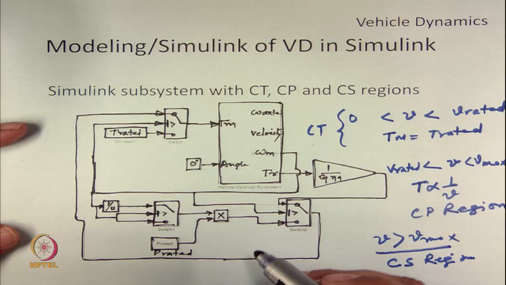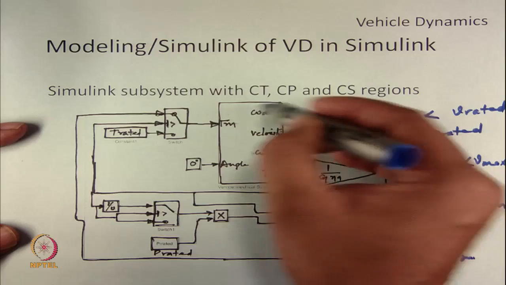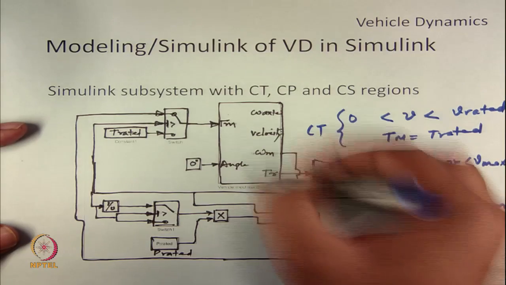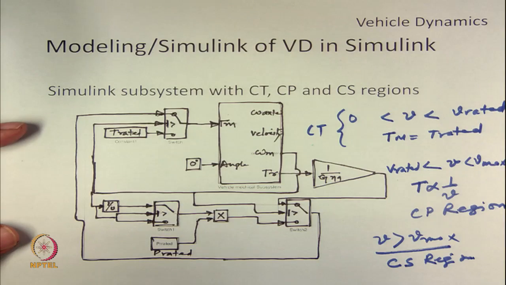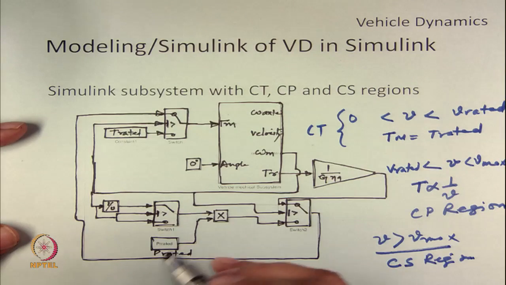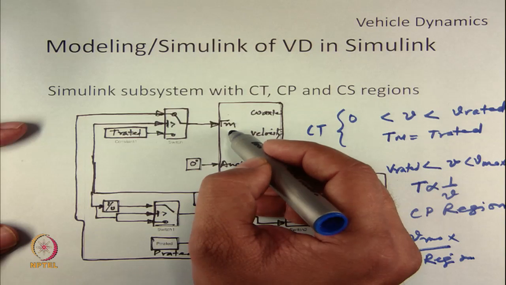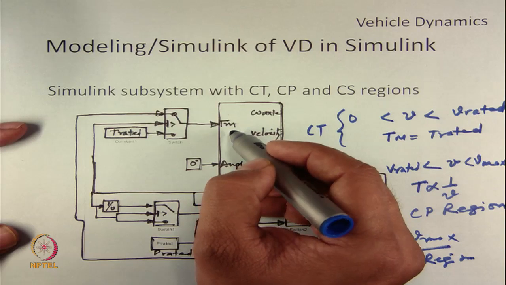So, we have already seen how this vehicle mechanical system can be made. Now, to incorporate these conditions and obtain the different regions of operation, we need to vary the torque input to the system.